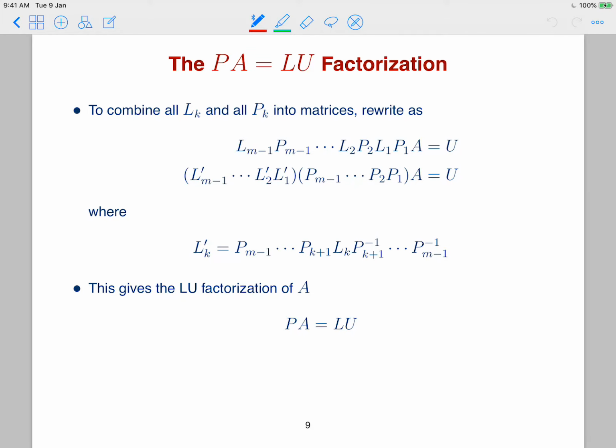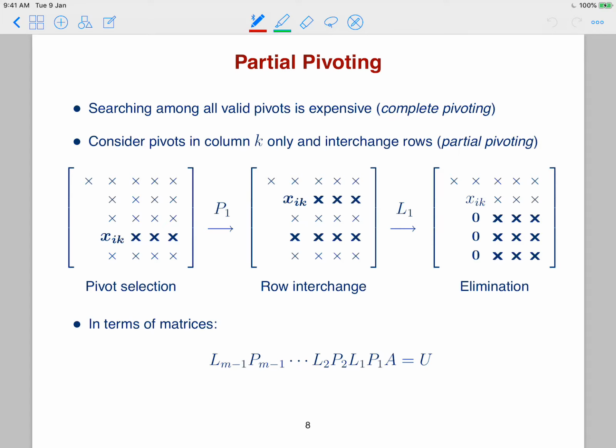Okay, let's continue. So we are discussing this partial pivoting. The main idea is to maintain as much stability as possible, right?